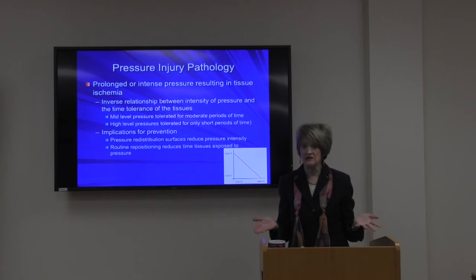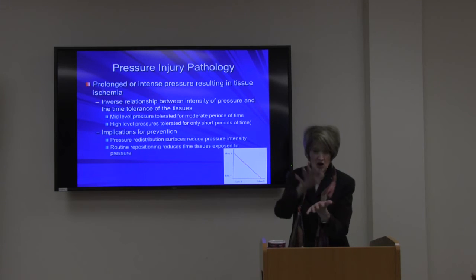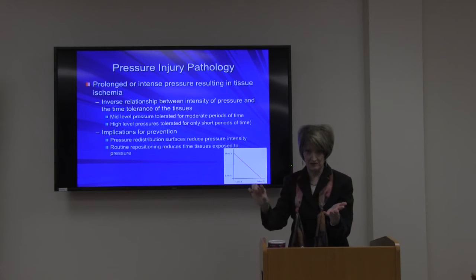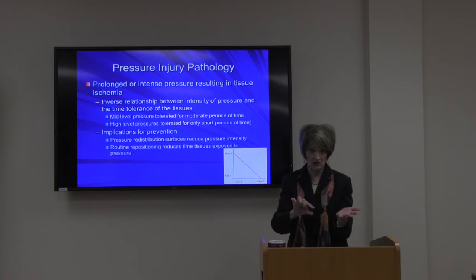Same thing as stadium seats. So you think about sitting on wood bleachers or concrete bleachers. Very rigid surface, total compression of the soft tissue, rapid onset of ischemia. If you take a stadium seat, now you have some padding between you and the concrete.